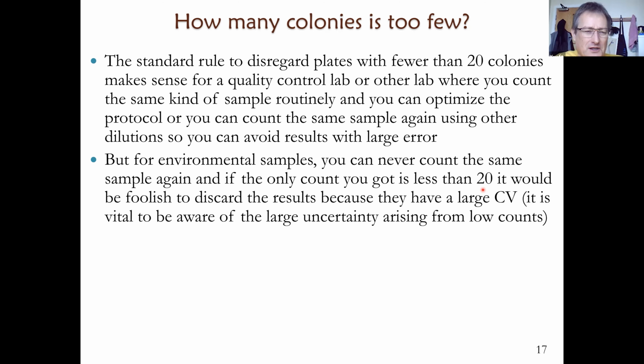And now we can calculate the CFU per milliliter by dividing 418 CFU by 0.022 milliliters, and you get this result. It happens to be the same in this particular example as the other method.